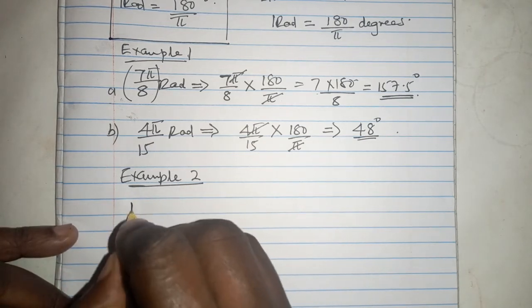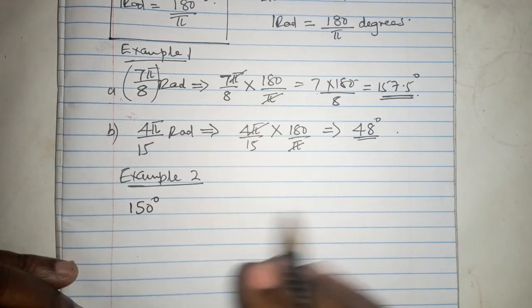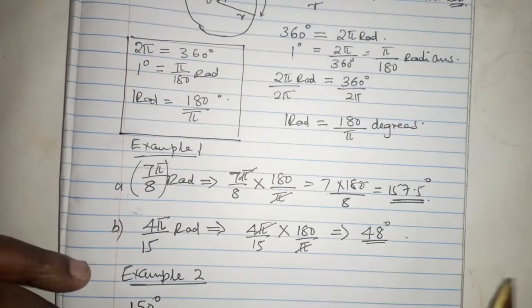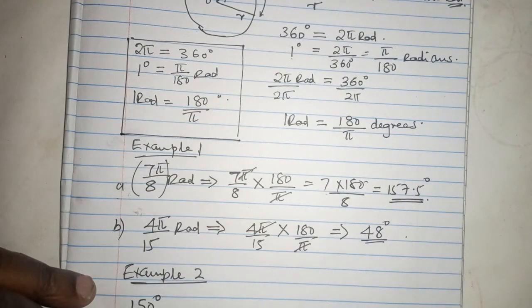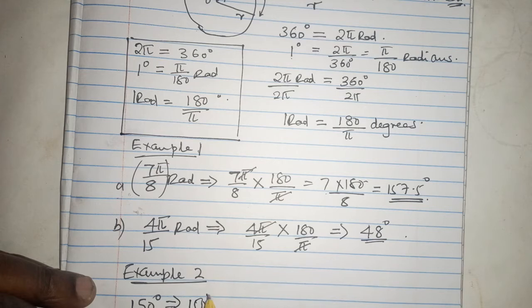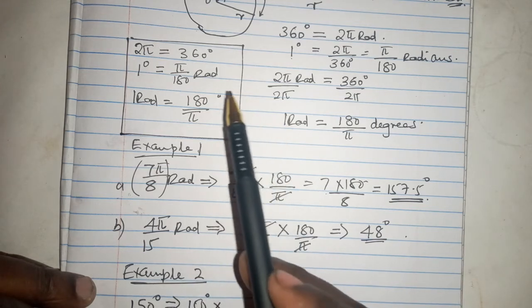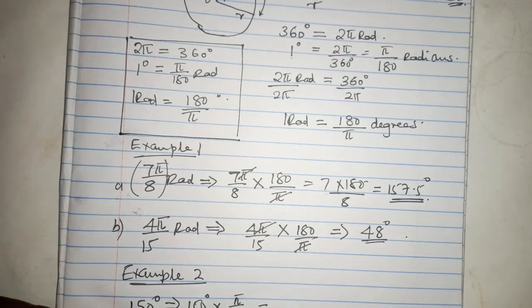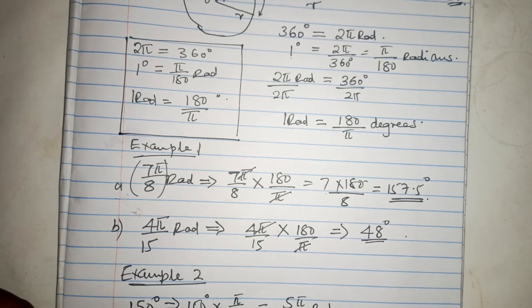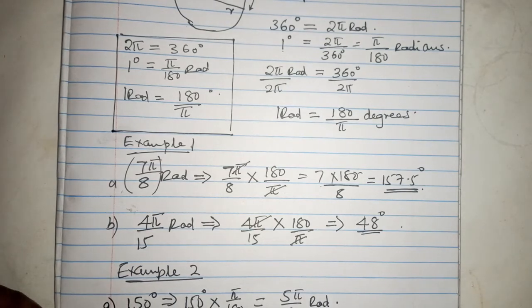We have 150 degrees. 1 degree is equivalent to pi over 180 radians, so we multiply 150 degrees by pi over 180. This gives us 5 pi over 6. These are now radians. That is example 2, part A.